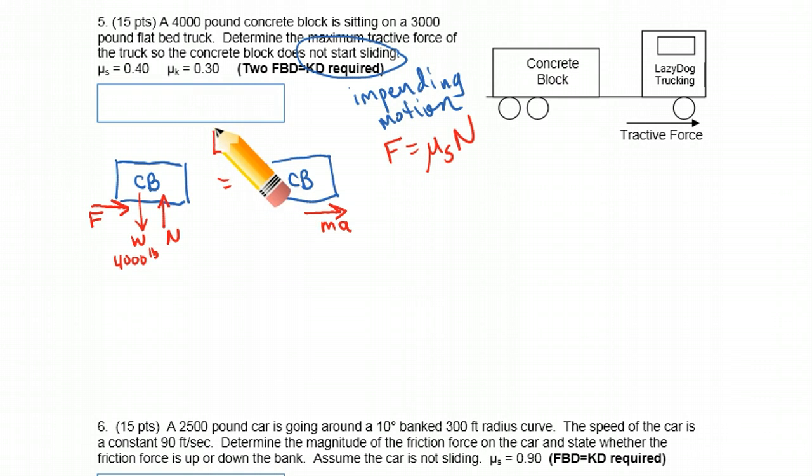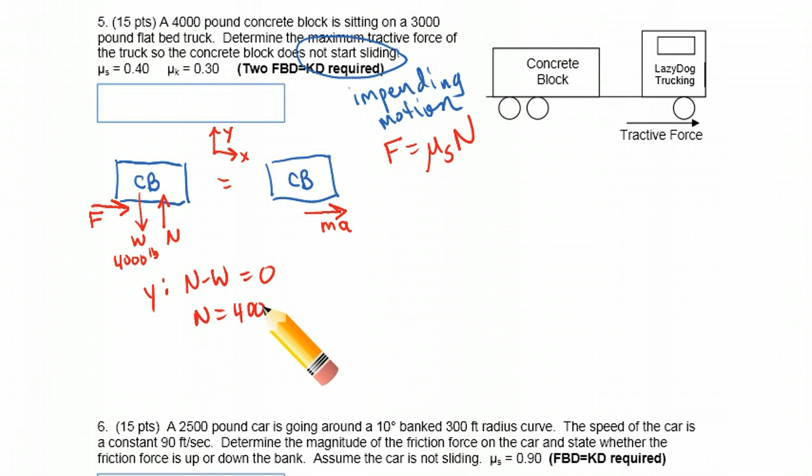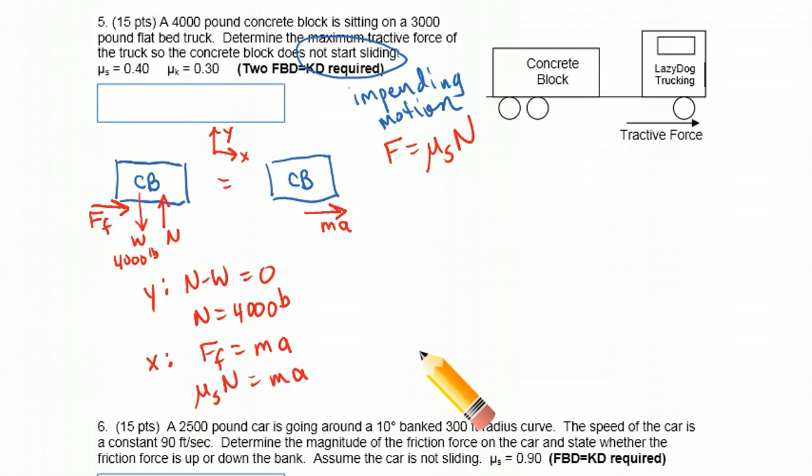From here in the y direction, we can say N minus W equals 0. N is going to be 4,000 pounds. And in the x direction, we can say F, let's label that force of friction, equals ma. That's mu sub s times N equals ma.